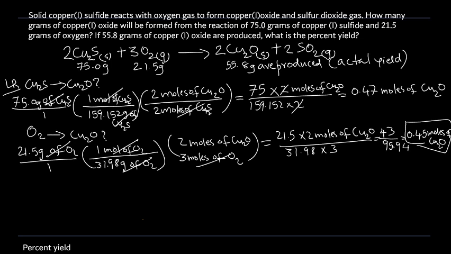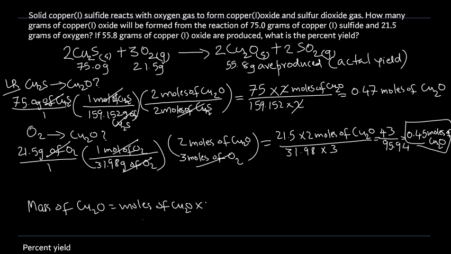Okay, and then we can find the second part, they're asking the mass of copper 1 oxide. So mass of copper 1 oxide equals moles of copper 1 oxide times molar mass of copper 1 oxide.